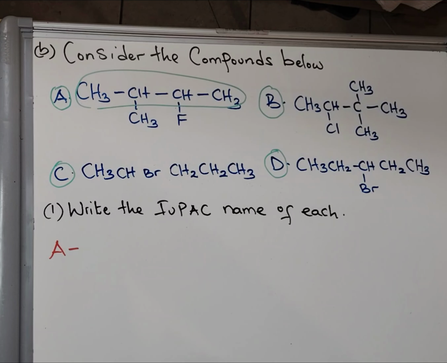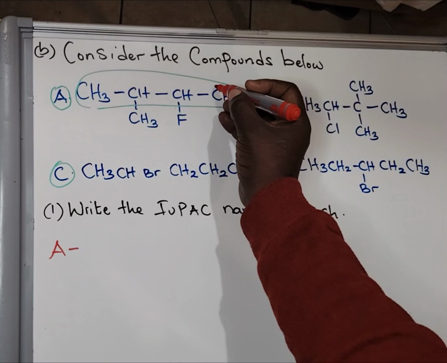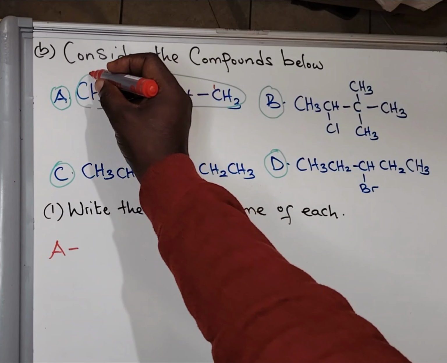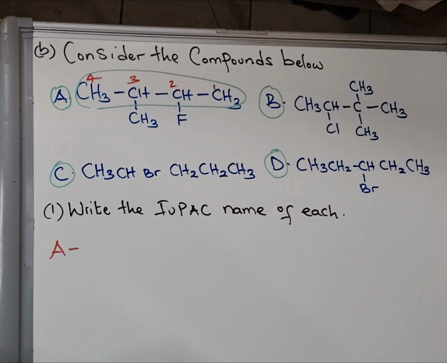Under that circumstance where a halogen and an alkyl group have the same position, then you choose the one which comes first in alphabetical order. That implies that this is number 1, number 2, number 3, number 4. Why?